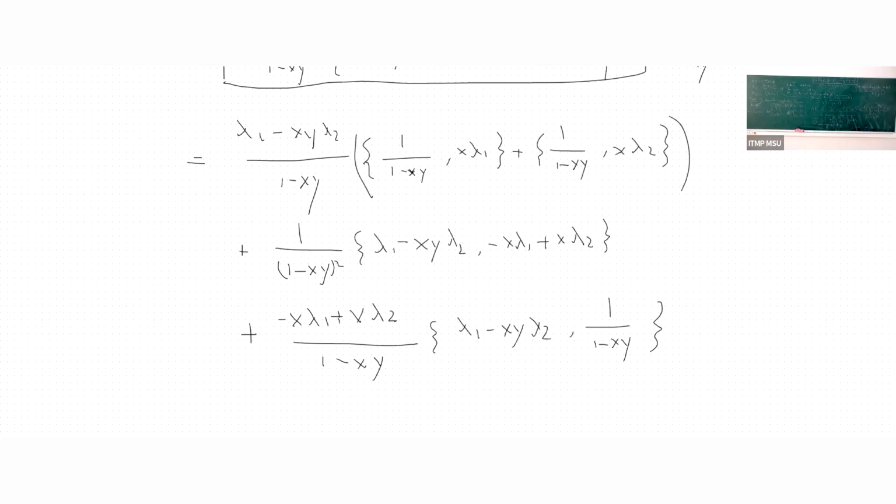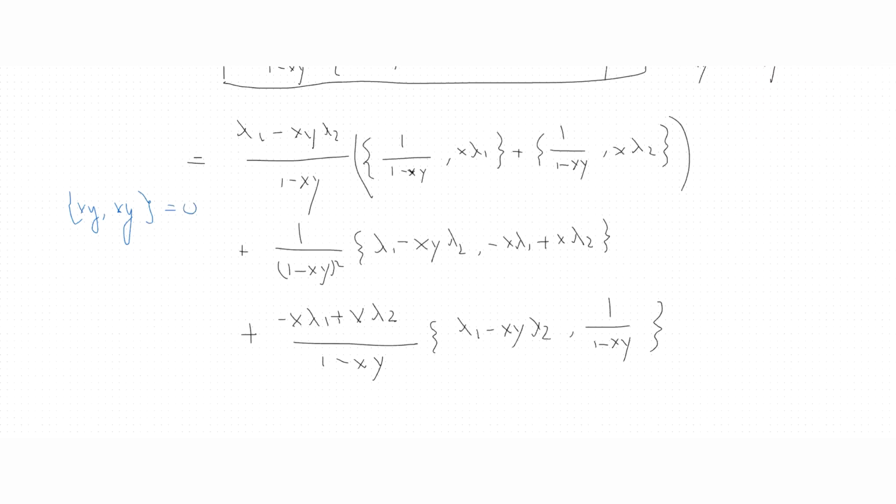So my statement is the following: xy with xy is 0. It is obvious.